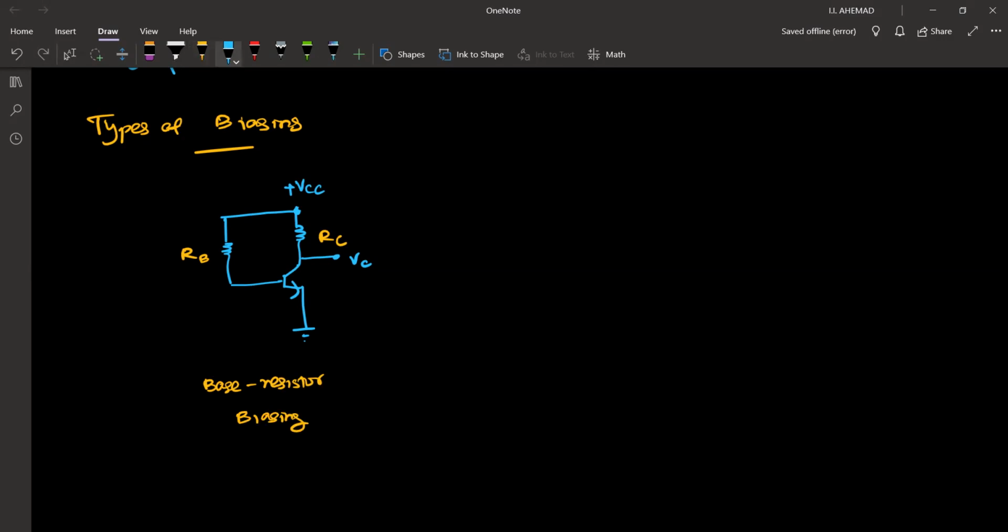And then we have another method. Instead of using a single resistor, now we are using a potential divider.